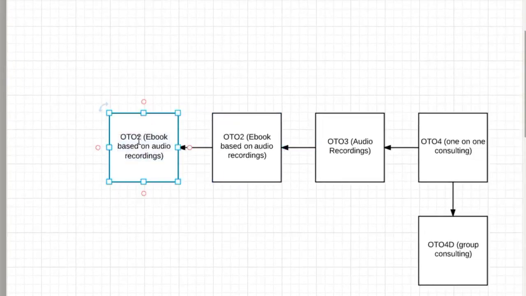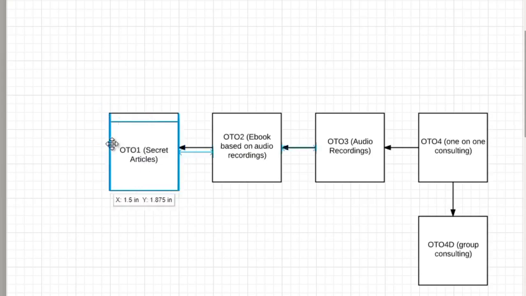So OTO 1, this could be a piece of that. Maybe this could be secret articles or something like that. So it's a piece of that, and then of course we have the front end offer.